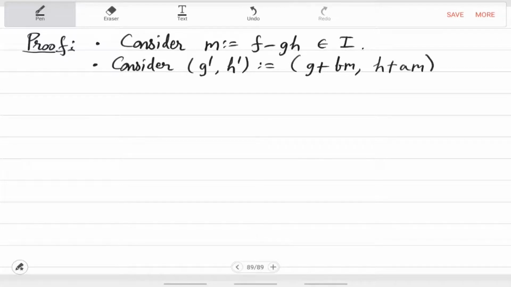A and b were given to you. M is also kind of given to you because g and h were given. So this actually works. Obviously you will find this by doing some calculations which I am skipping. I am just directly giving you the answer. But these are easy to find.